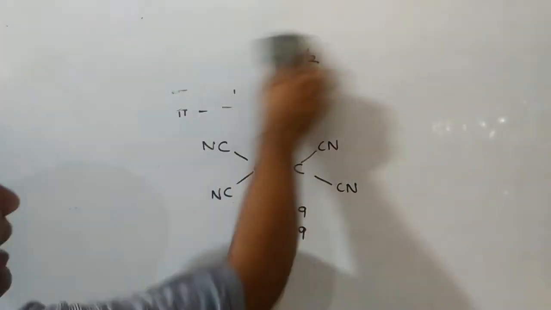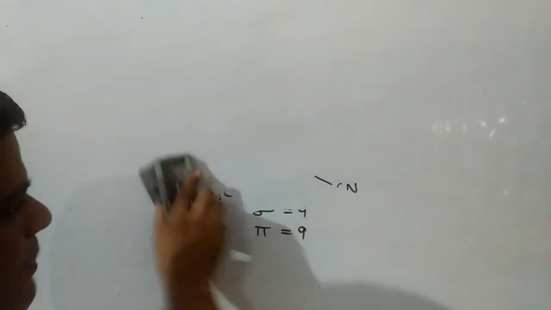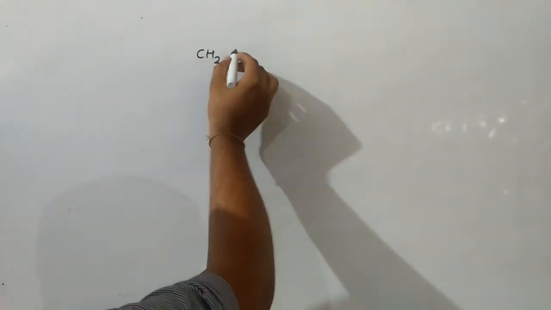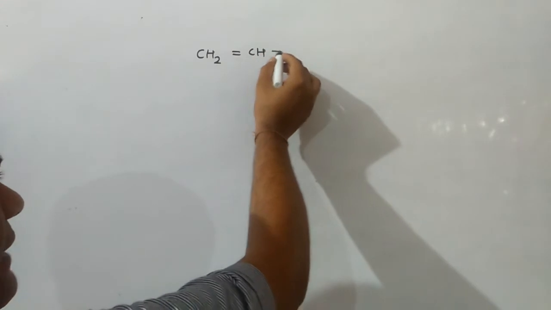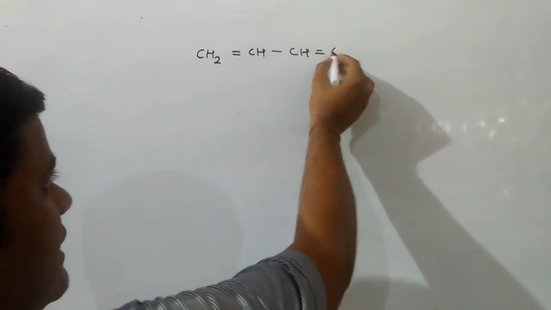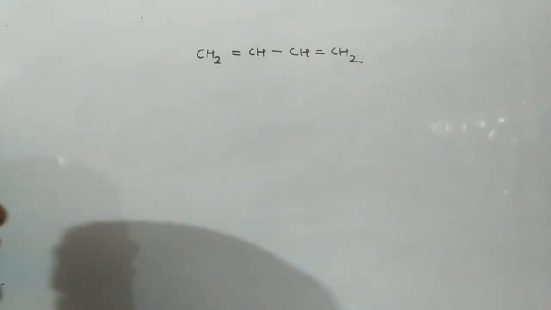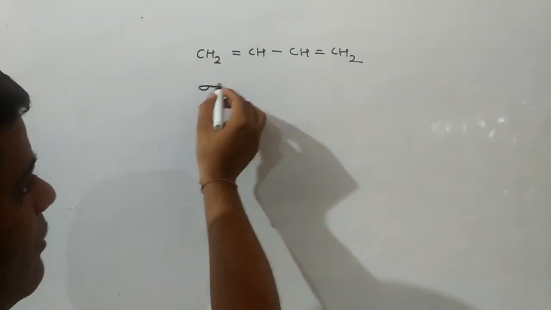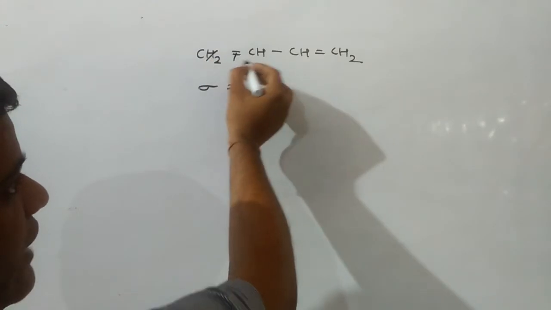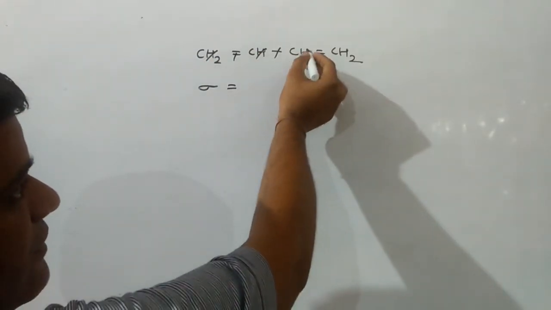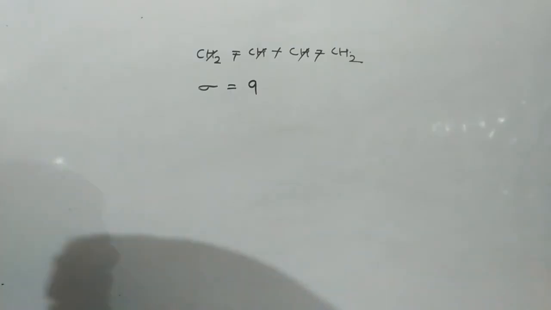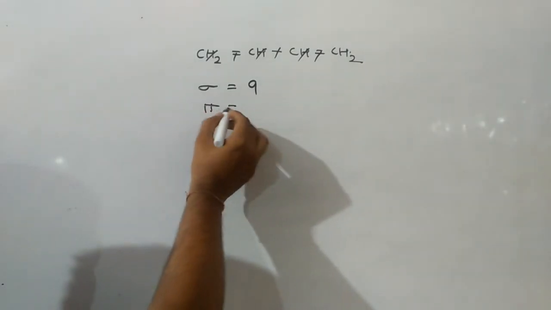Next question might be how many sigma and pi bonds are present in buta-1,3-diene. The structure will be CH2=CH-CH=CH2. So here the number of sigma bonds will be 9 and pi bonds will be 2.